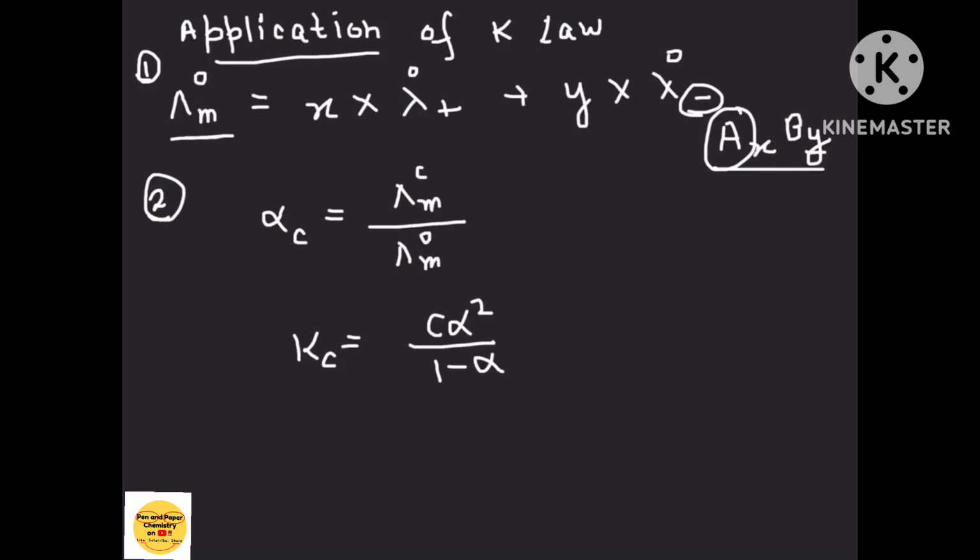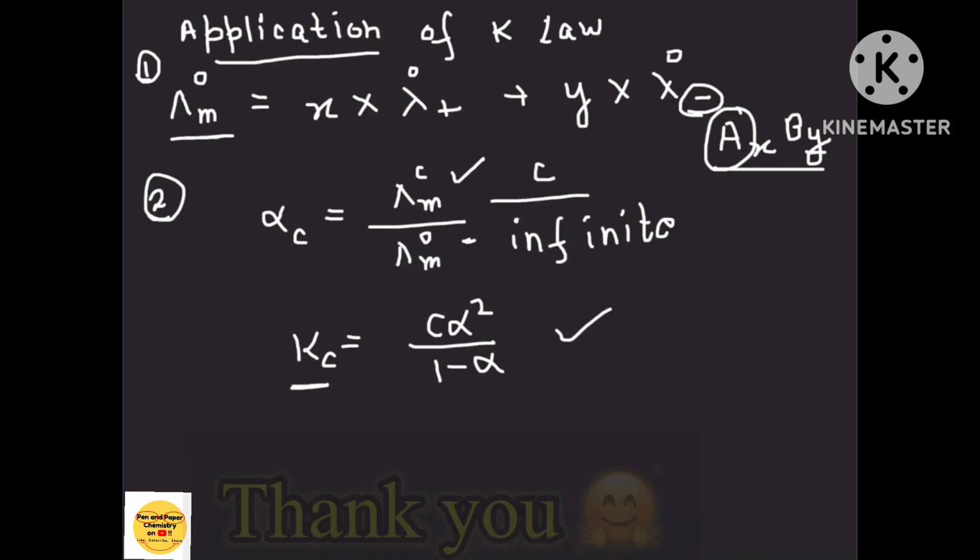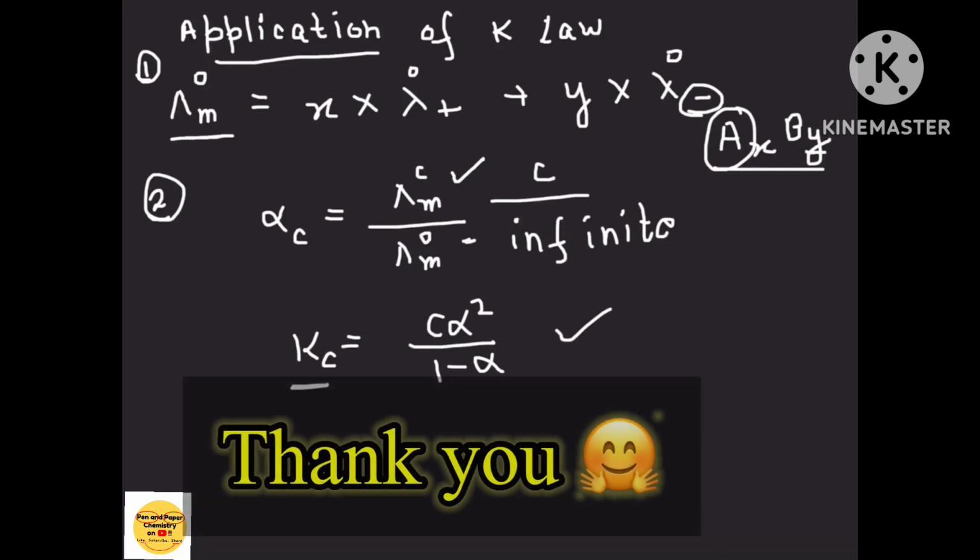So alpha is the molar conductivity at a certain concentration divided by the molar conductivity at infinite dilution, so at any concentration divided by infinite dilution. And the third formula we did was the equilibrium constant, which we have also covered under ionic equilibrium.